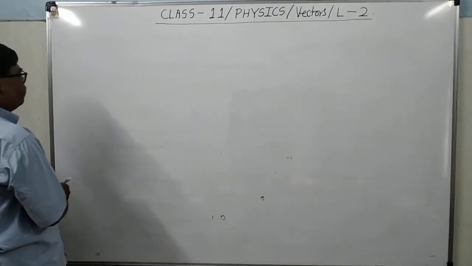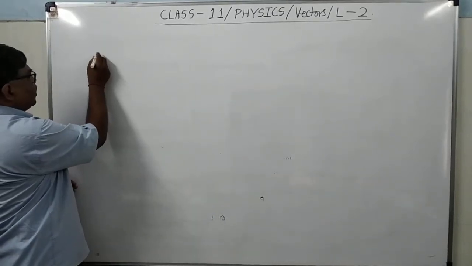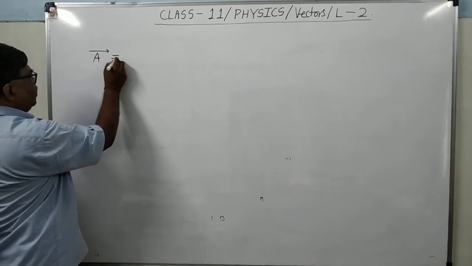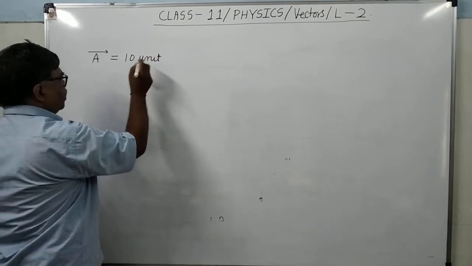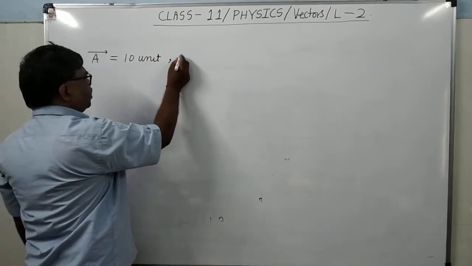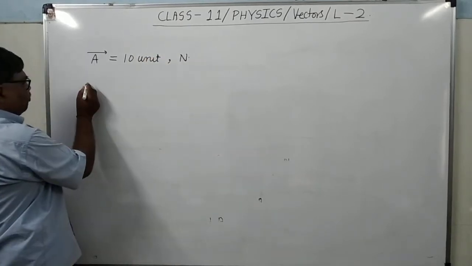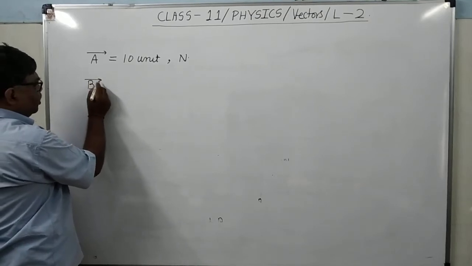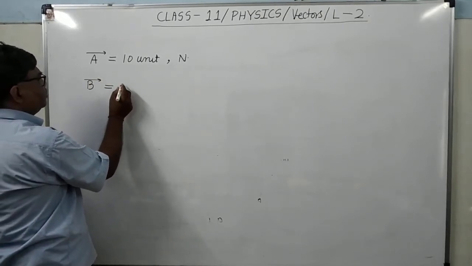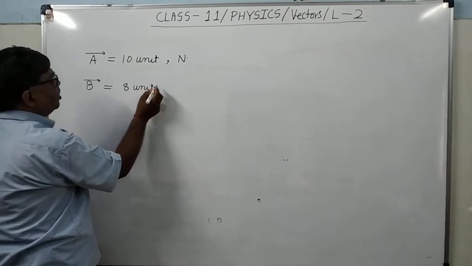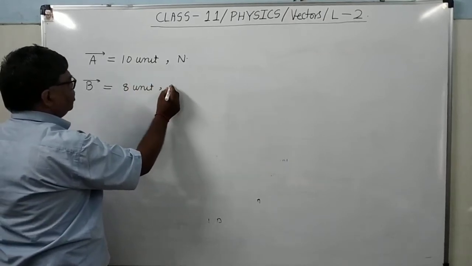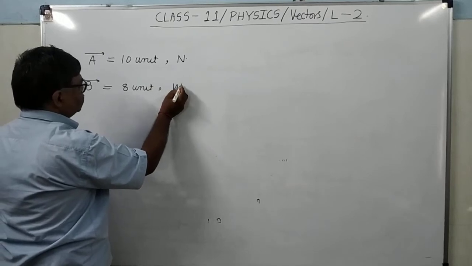So see here, suppose it is given vector A equals 10 unit in the north direction, and vector B is given 8 unit in the west direction.